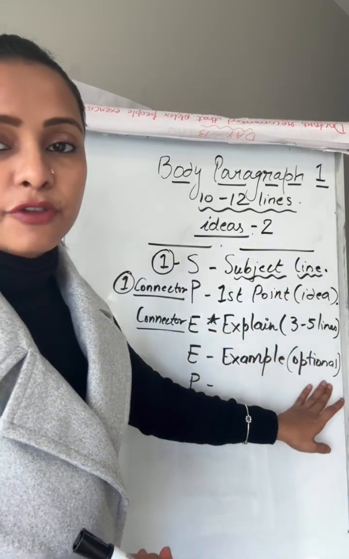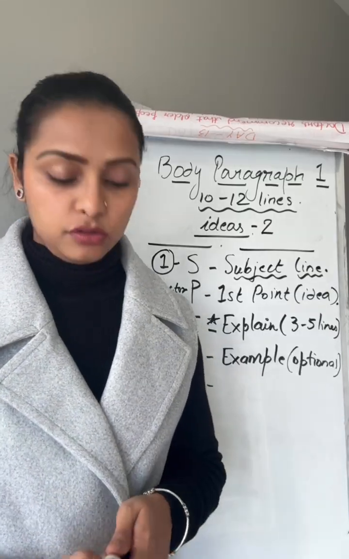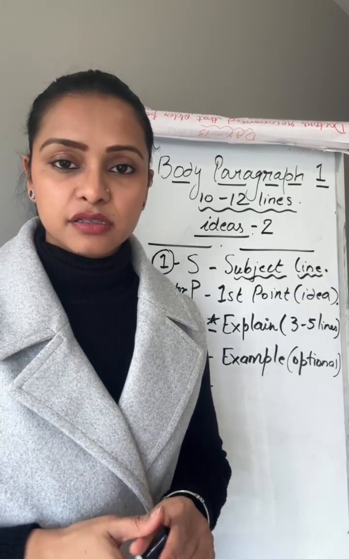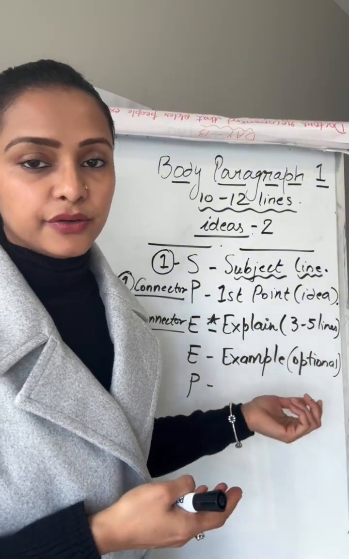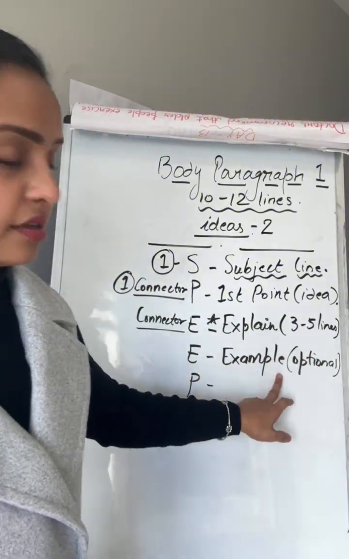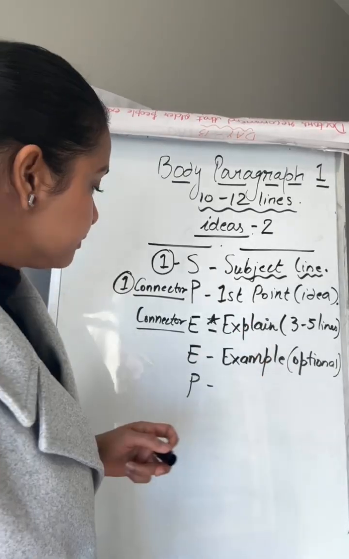This is optional if you have a great example, which can be a real life example, or it can also be any fake survey, which you can use as an example here. You need to write this after the explanation.